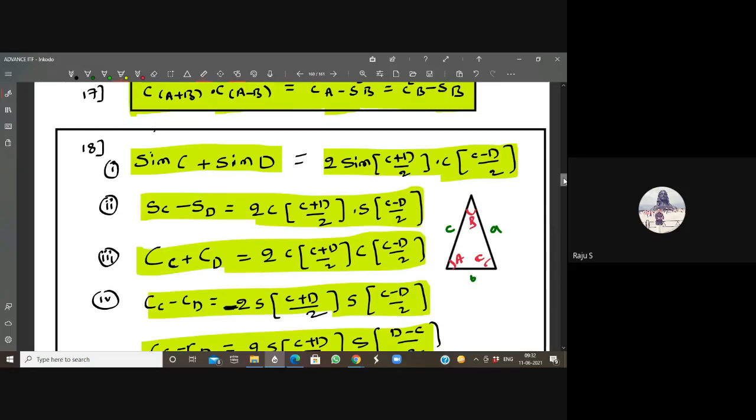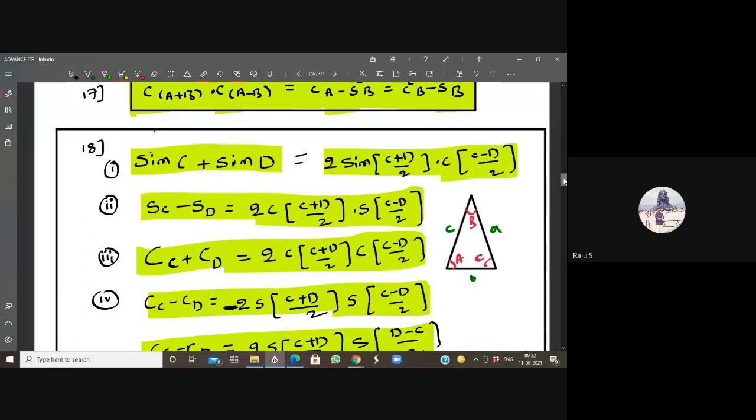I'm going to explain. Compound angles concept will be there. First, trigonometric ratios, we are going to use those identities: sin(A+B), sin(A-B), compound angles, multiple angles. Those concepts will use these formulas. I'll explain very briefly.